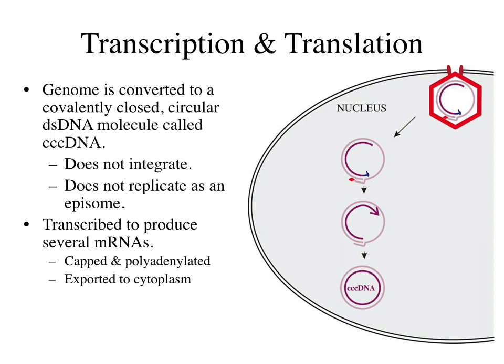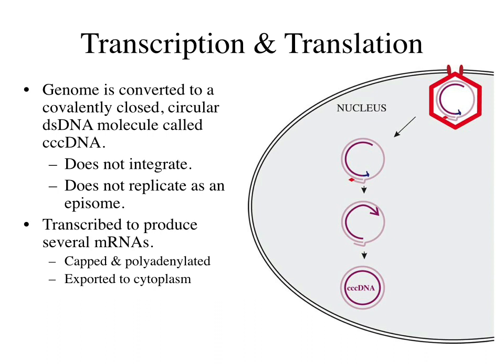Now remember that that genome was a partially double-stranded duplex. The positive strand was not complete. Within the nucleus, the partially double-stranded DNA genome is filled up and converted to a covalently closed circular DNA, or the cccDNA.